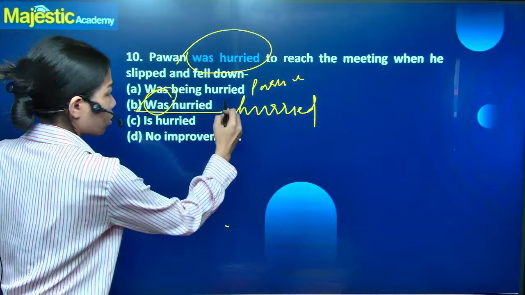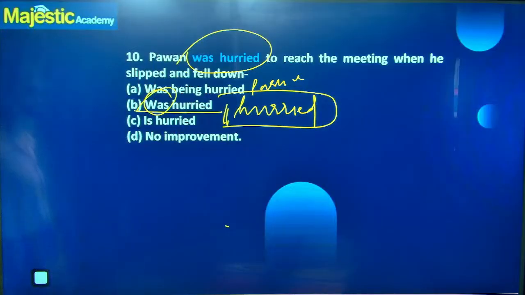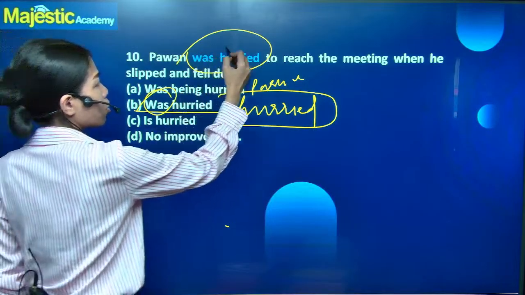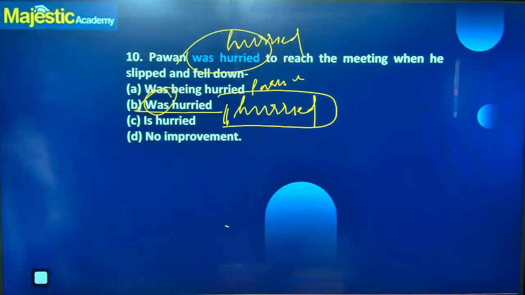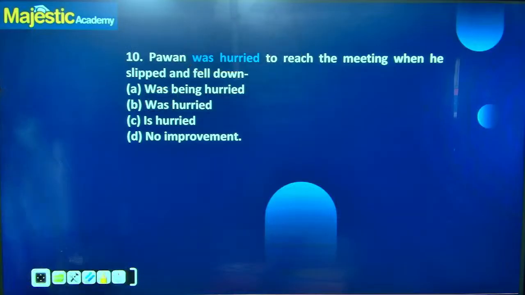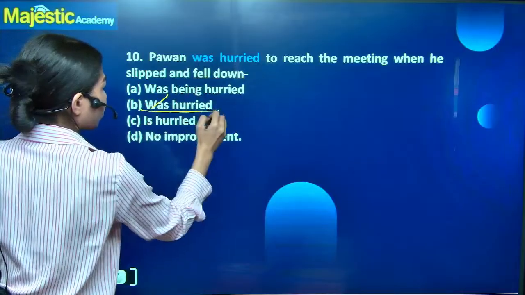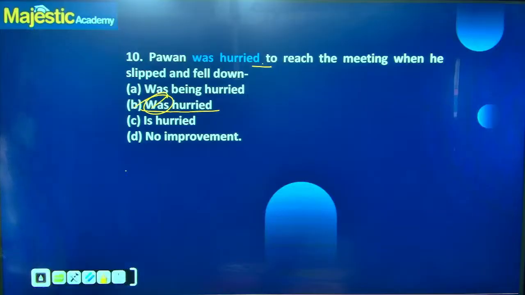We need this option as your answer. ठीक है, since we do not have it, I would be saying according to this given option, no improvement is required, but the answer should be Pavan was hurried to reach the meeting when he slipped and fell off. ठीक है, so the answer is not given, so we would be putting no improvement, or we can modify the answer like this because this and this is same. ठीक है, so I guess there is some printing mistake and it should not be there.